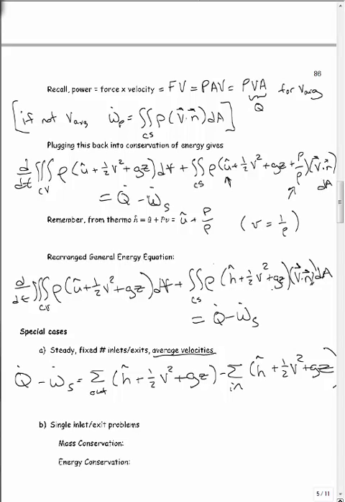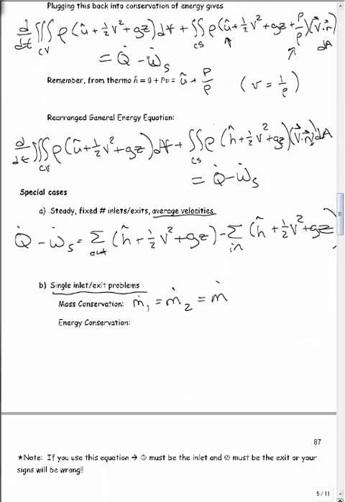Okay, if I look at a single inlet and exit, and that's normally what we're going to use in this class, is single inlet and exit problems, which helps us out because mass conservation is now m dot 1 equals m dot 2, and we can just call that m dot. And our energy conservation then breaks down to q dot minus w dot s.